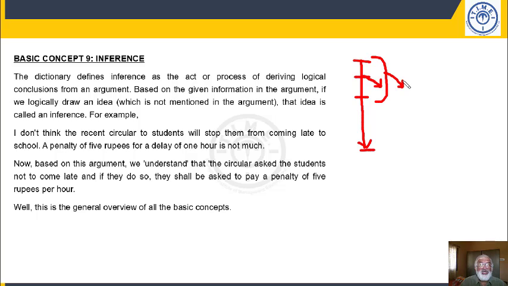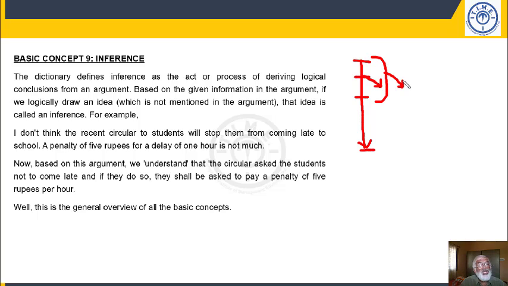I don't think the recent circular to students will stop them from coming late to school. A penalty of 5 rupees for a delay of 1 hour is not too much, which means the premise is there is a penalty of 5 rupees for 1 hour delay. But the person says, I don't think the recent circular will stop them from coming late, which means people can afford, let's say, 5 rupees an hour. Now we understand the circular asked students not to come late, and if they do, they should be asked to pay a penalty of 5 rupees an hour.